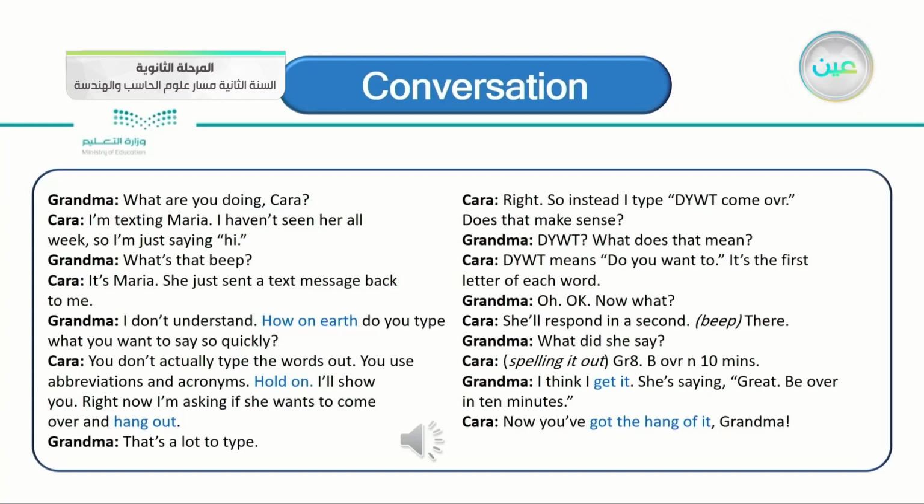So instead, I type DYWT, come OVR. Does that make sense? Grandma, DYWT. What does that mean? Kara, DYWT means do you want to? It's the first letter of each word. Grandma. Oh, okay. Now what? Kara, she'll respond in a second. There. Grandma. What did she say? Kara, GR8B OVR in 10 minutes. Grandma, I think I get it. She's saying, great, be over in 10 minutes. Kara, now you've got the hang of it, Grandma.